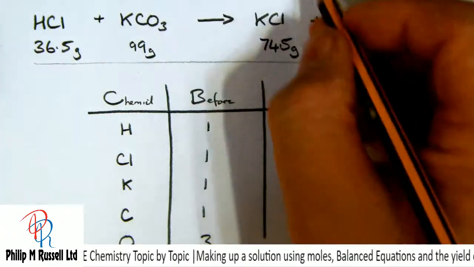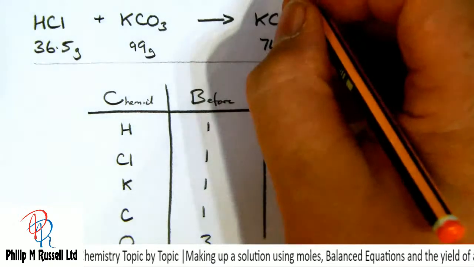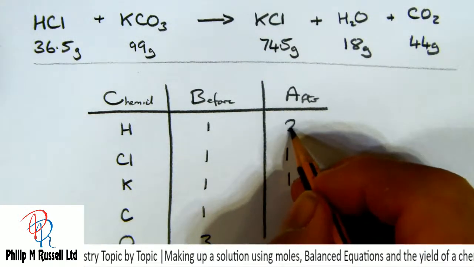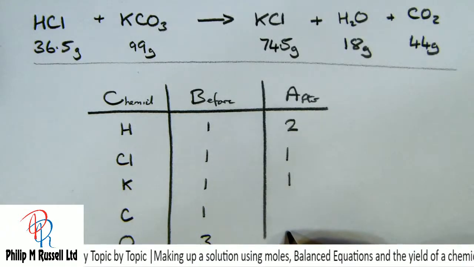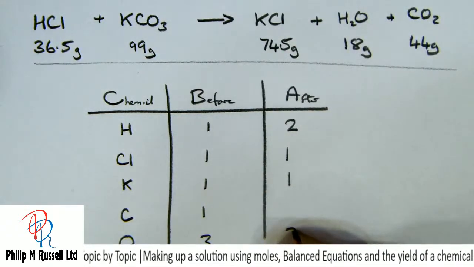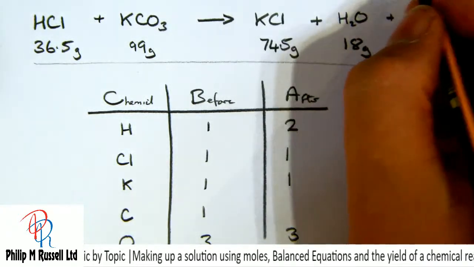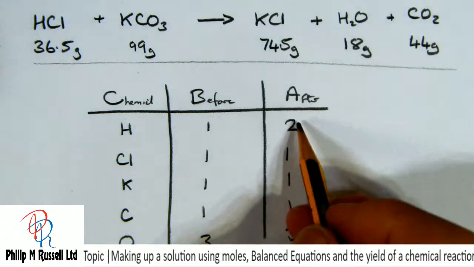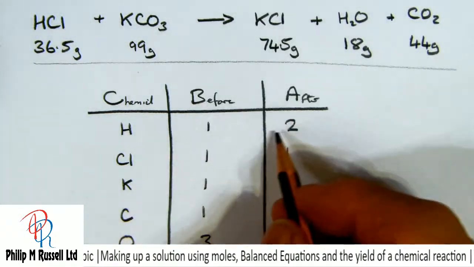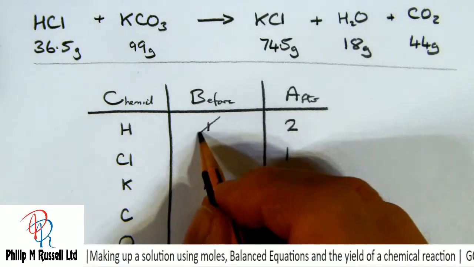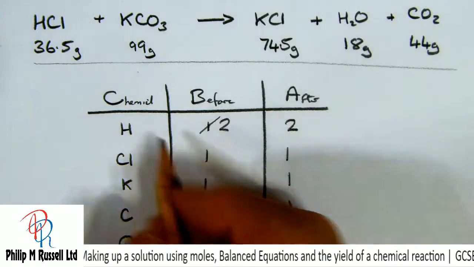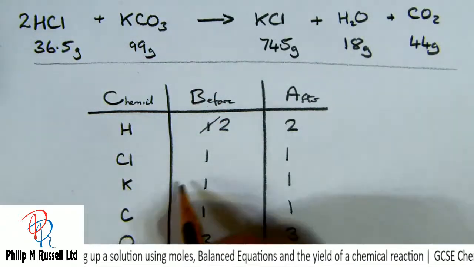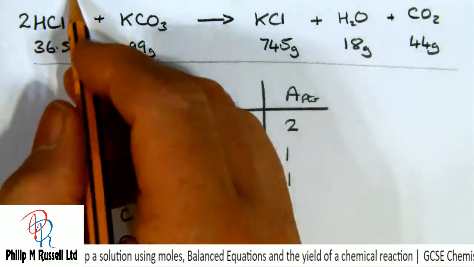After, we've got 1 for K, 1 for Cl, 2 for hydrogen, we've got then 3 for the oxygen and 1 for the carbon. So this is the one that's obviously wrong. So if I've got 2 at the end, I must have 2 before. So this is going to give me 2 Cls. 2 Cls means that I've got 2 there.